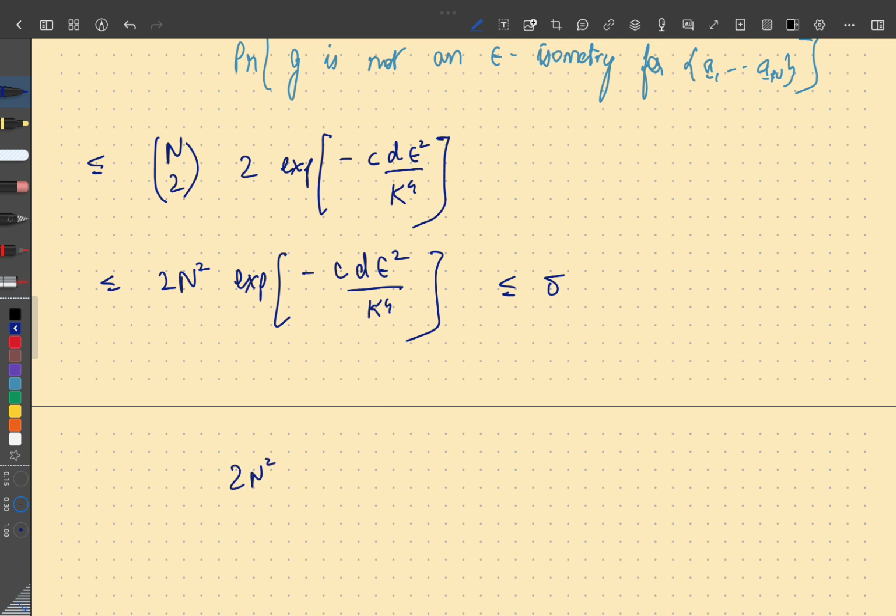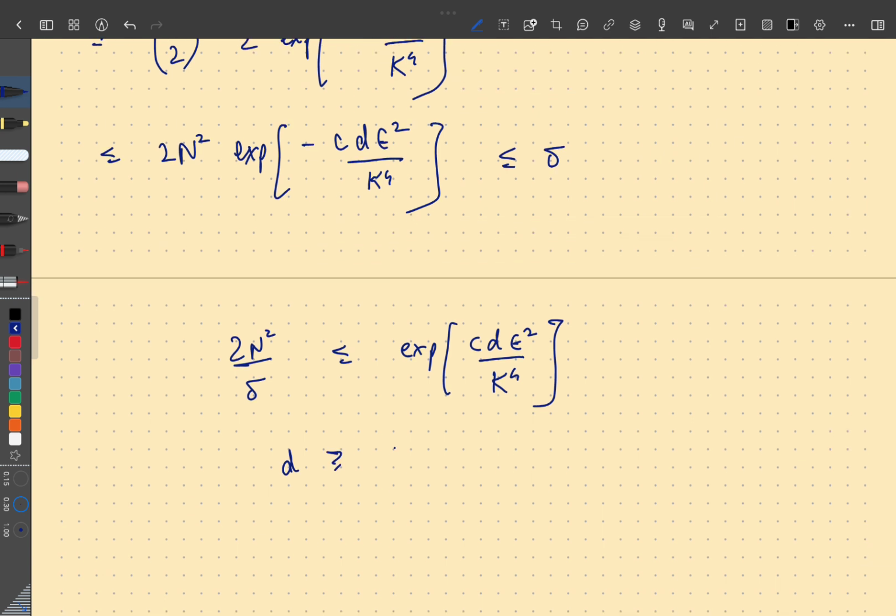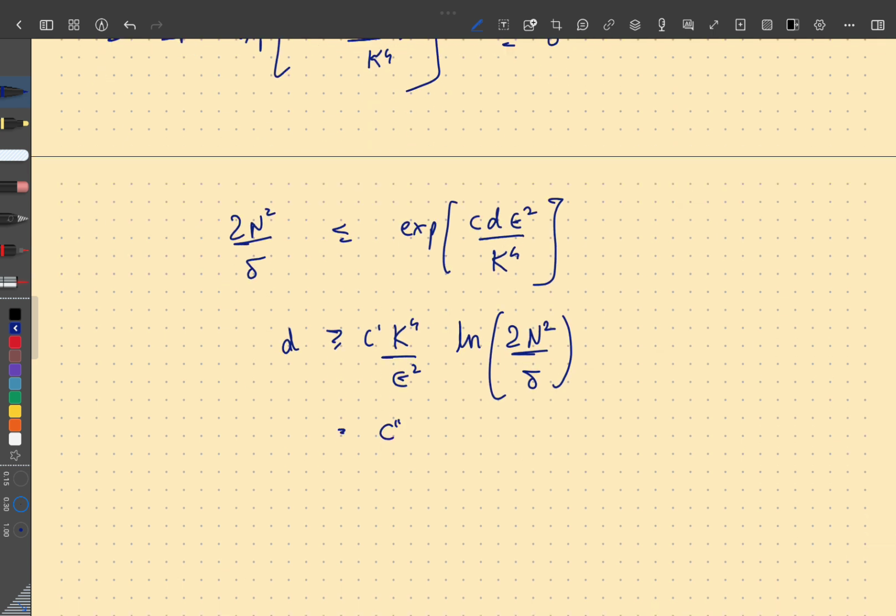Just by rearranging, I get 2n square divided by delta should be less than or equal to e to the power of c times d epsilon square divided by k to the power 4, or d should be greater than or equal to k to the power 4 times some universal constant divided by epsilon square times log of 2n square divided by delta, which is some universal constant times k to the power 4 divided by epsilon square times log of n by delta.